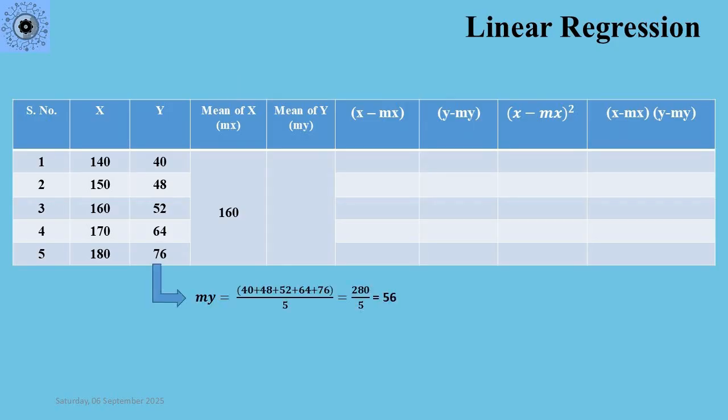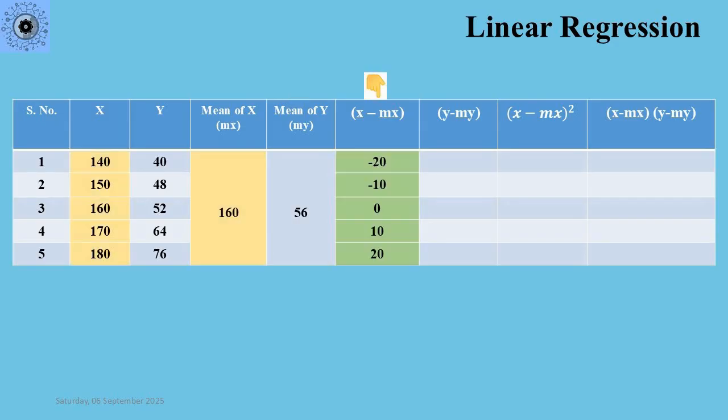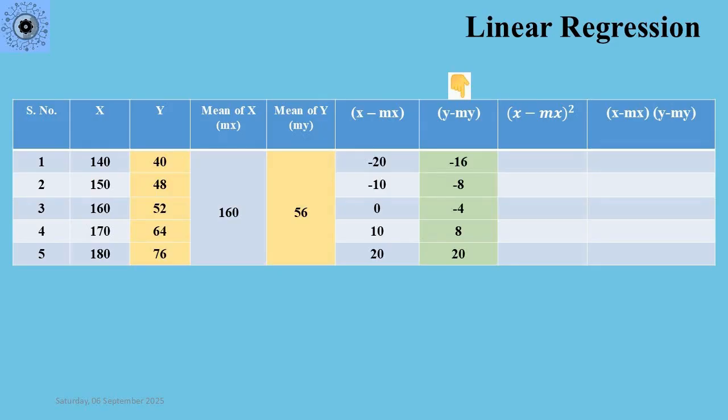In the same way, get the mean of y and put it in the respective column as shown. In the next step, find the difference between x and its mean and populate the respective column, as marked here. The same calculations are performed over y, getting the difference between y and its mean. The respective column is populated by y minus mean y, as marked here.